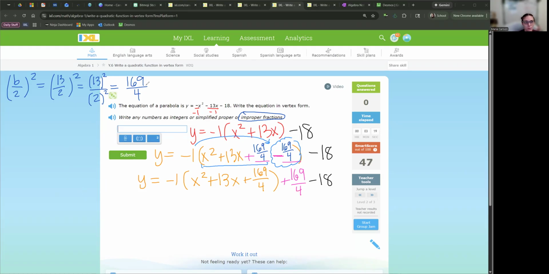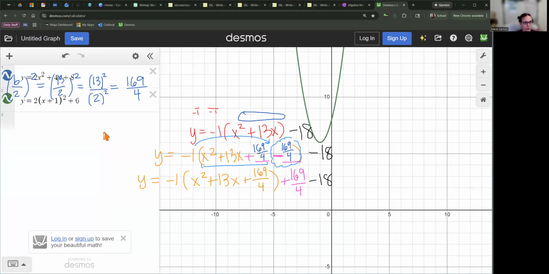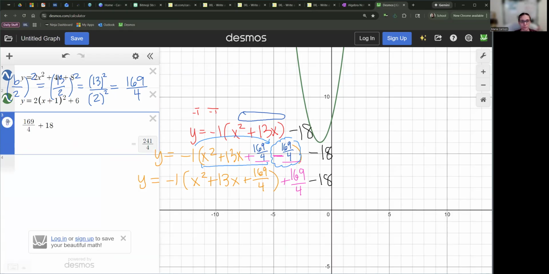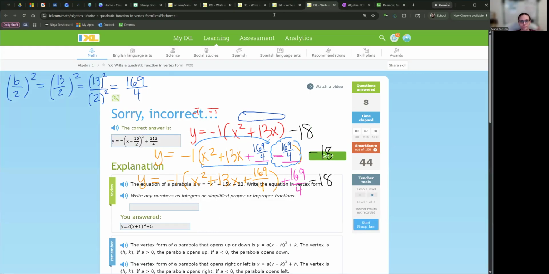Now, that is a number. So let's just treat it as such. I'm going to go into my calculator and in a new line, just type 169 divided by 4 plus 18. And it's 60.25, meaning 60 and 1/4, which we can write as an improper fraction. Desmos can as well. Notice off to the side, this little fraction button. This is the same thing as 241 over 4.